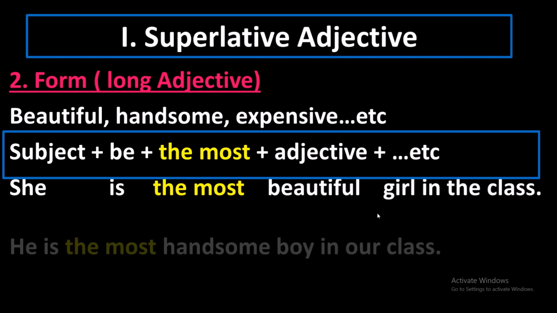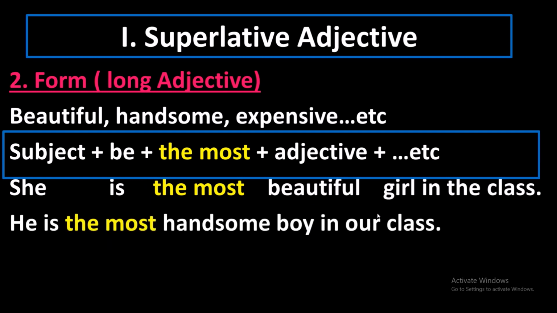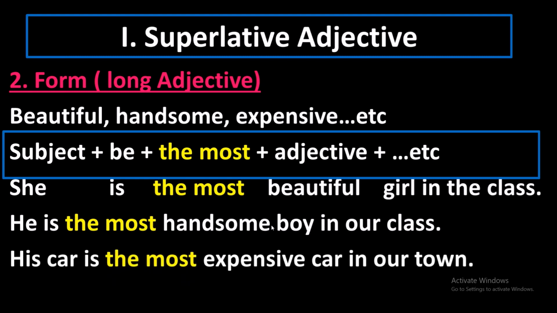Let's see another one. He is the most handsome boy in our class. So many boys, but he is the one that is the most handsome here. So again, we use the most with the long adjective, like handsome, which has two sounds or two syllables. One more. His car is the most expensive car in our town. Many cars in the town, but his car is the most expensive. One more.